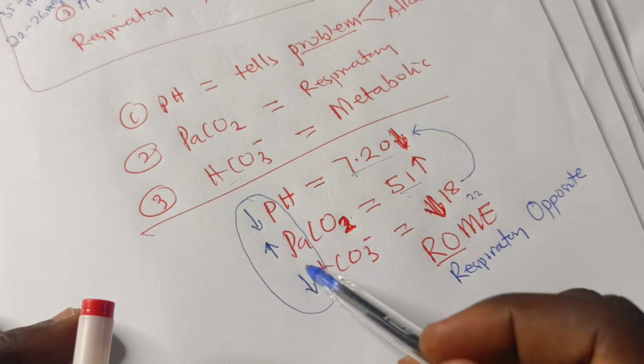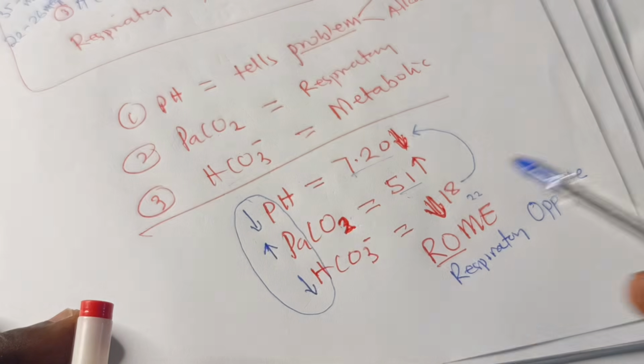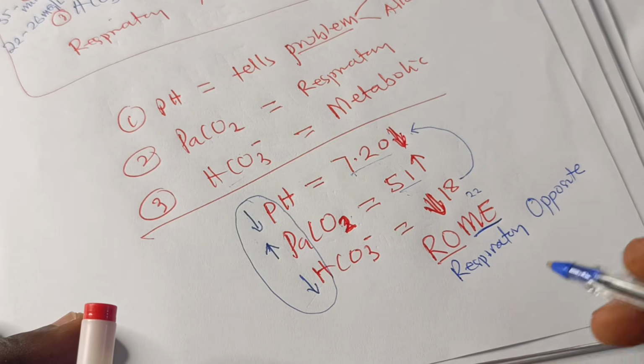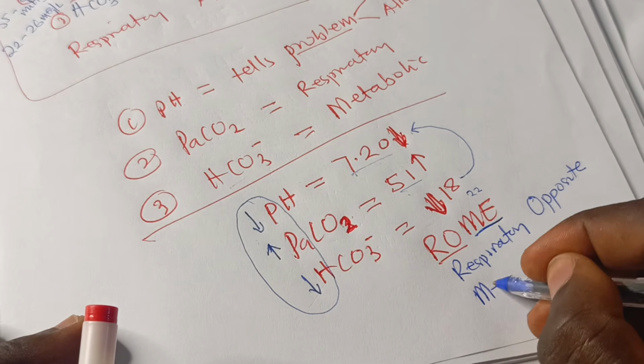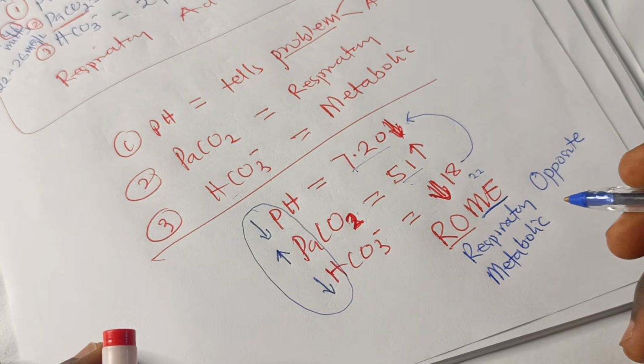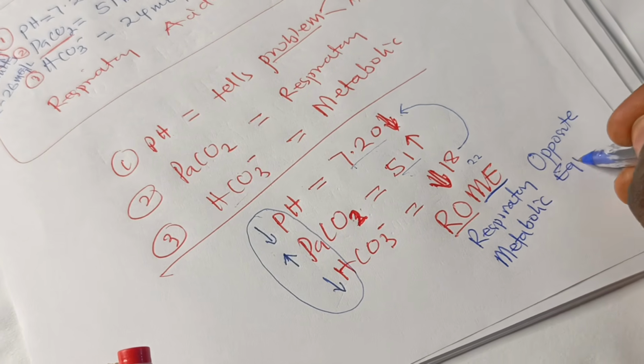Respiratory has to move in the opposite direction to the pH to agree. Then the last, ME, is metabolic, is what? Equal direction.